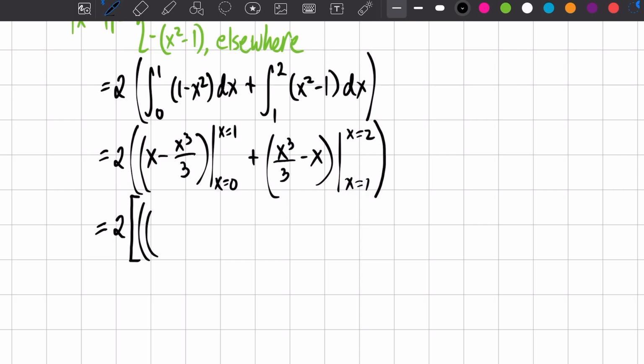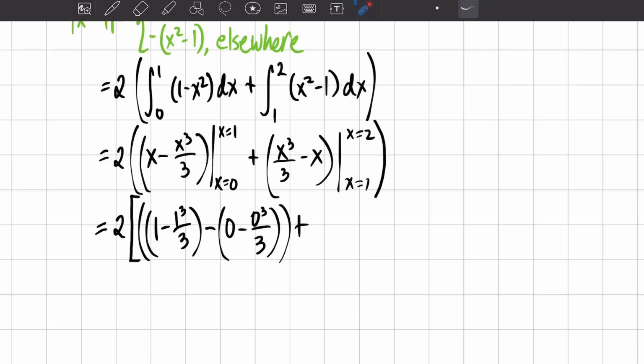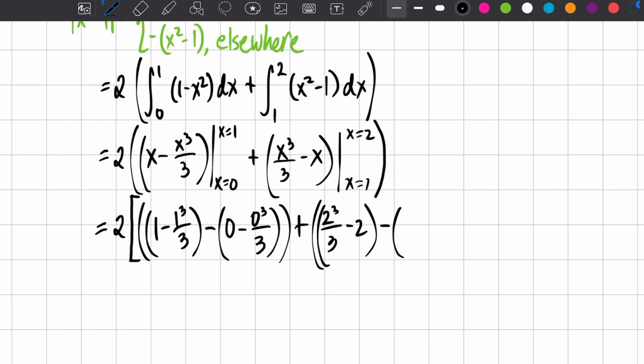So, first, at x equals 1, so we have 1 minus 1 cubed over 3 minus, we will plug this one now, we have 0 minus 0 cubed over 3 plus, for this one right here, we have 2 cubed over 3 minus 2 minus, at x equals 1, so we have 1 cubed over 3 minus 1.